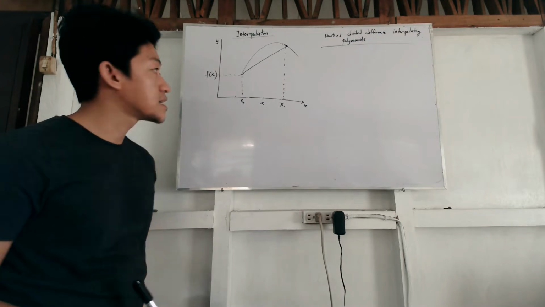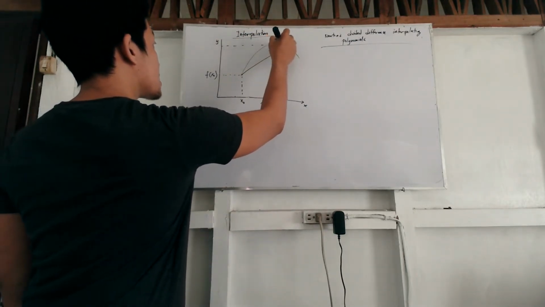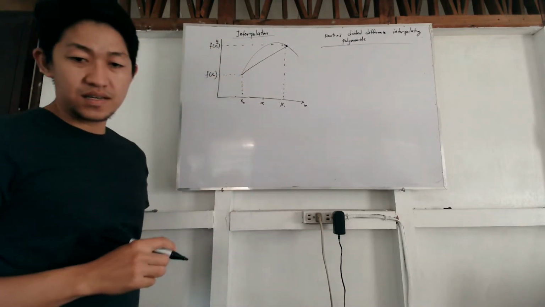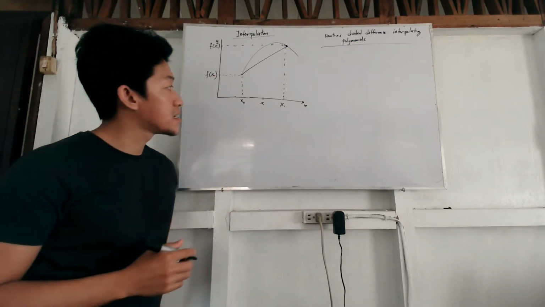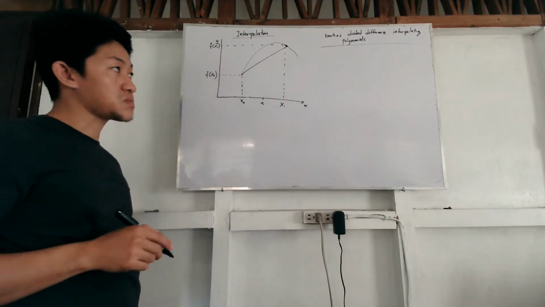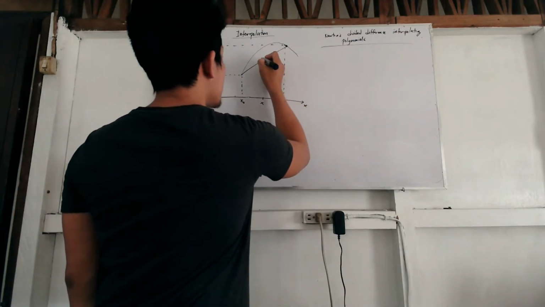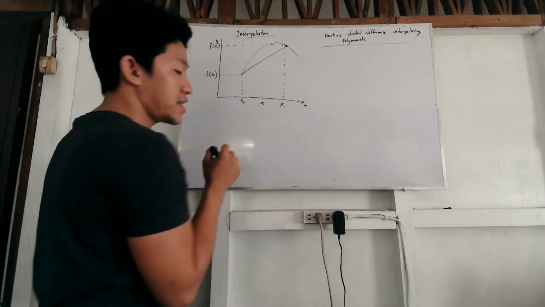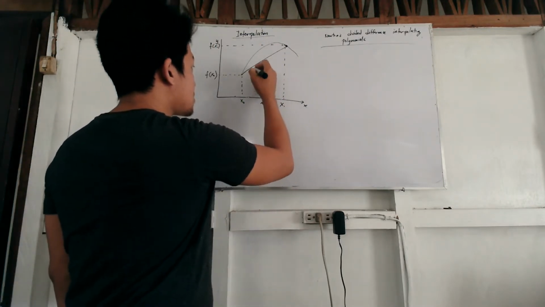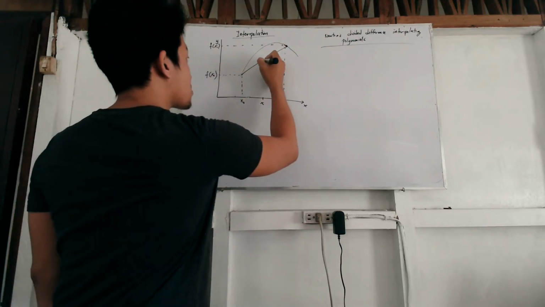And then this one is f of x1. Okay, f of x1. Since we are just estimating, interpolation is also an estimate. Instead of your graph, you approximate it using this line.